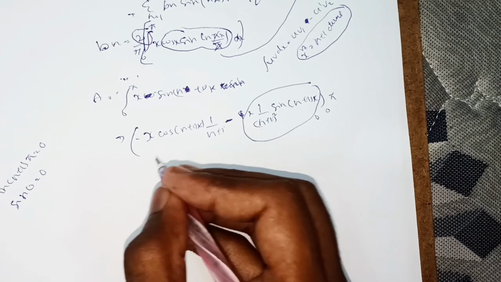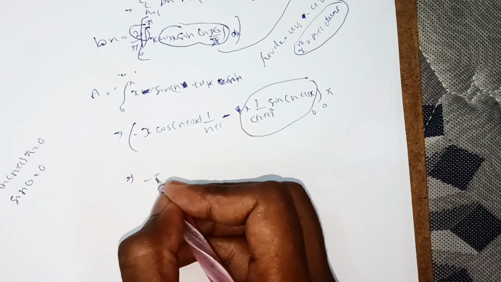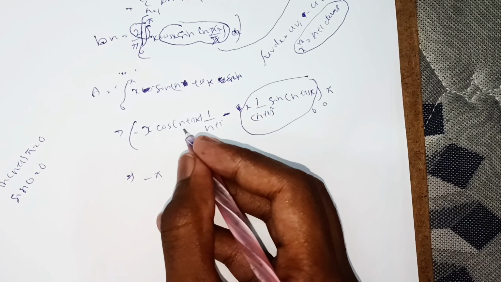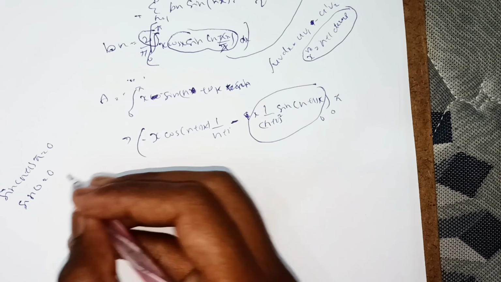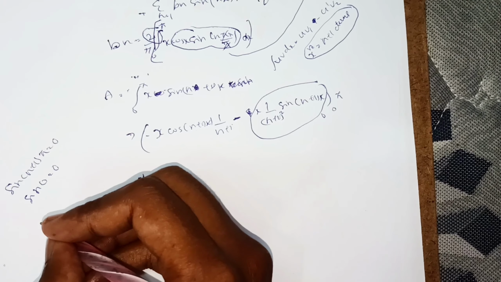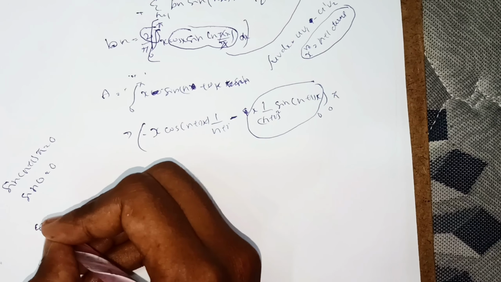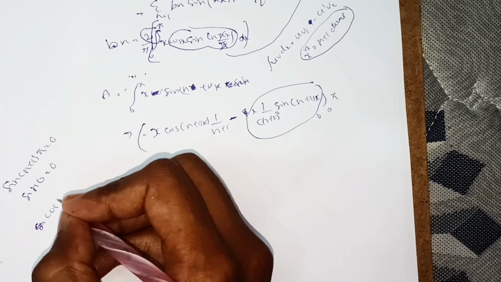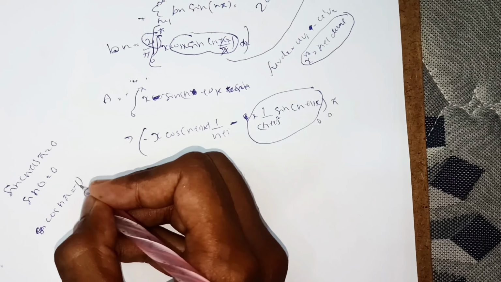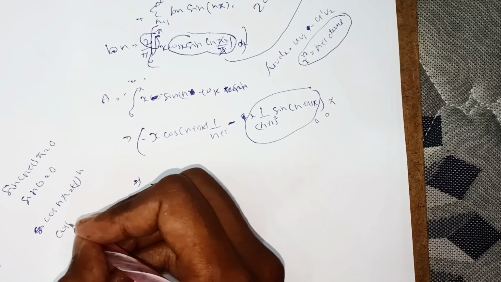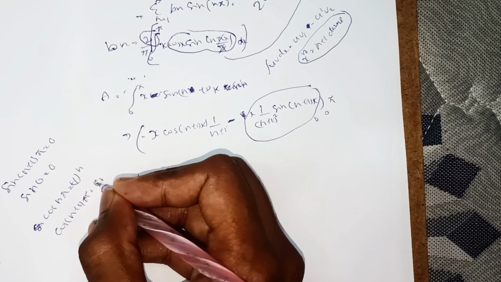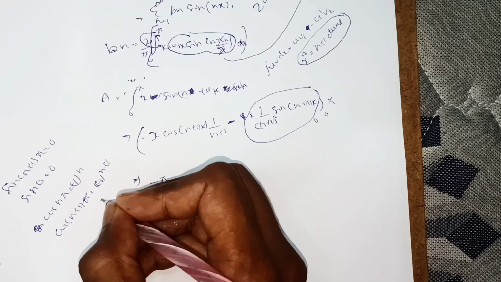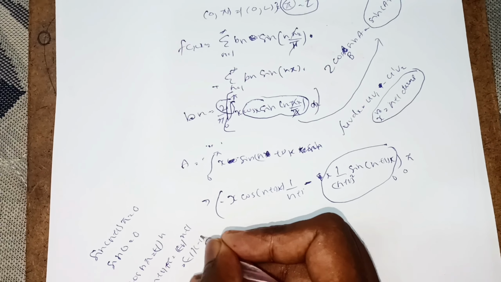Next, in this term we will write minus pi, cos of n plus 1 pi. Here cos n pi equal to minus 1 whole power n, so cos of n plus 1 pi equal to minus 1 whole power n plus 1, which is minus 1 into minus 1 whole power n.